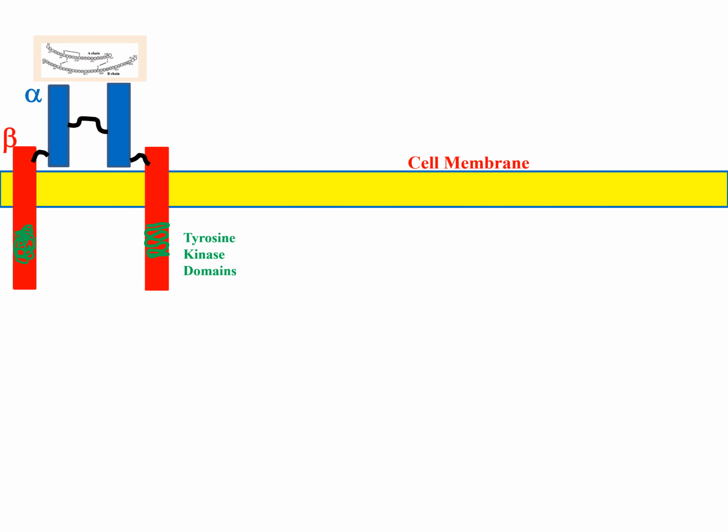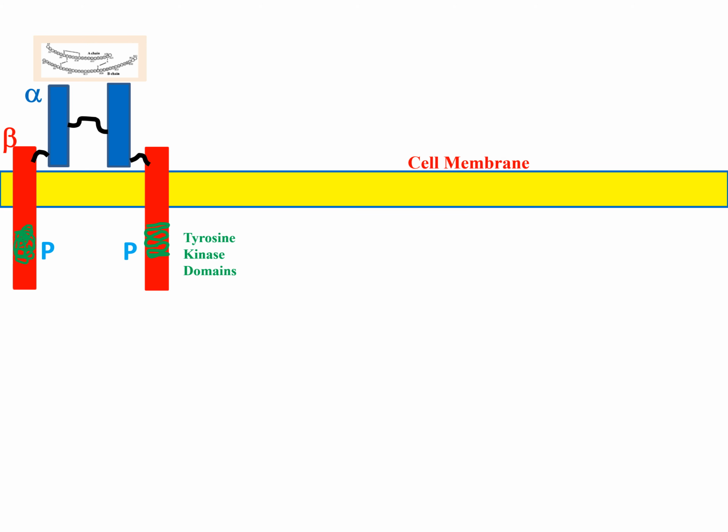Whenever insulin binds to the alpha subunit in this homodimer, it will activate the tyrosine kinase enzyme, and that will produce an autophosphorylation of the tyrosine amino acids that are part of these beta subunits.